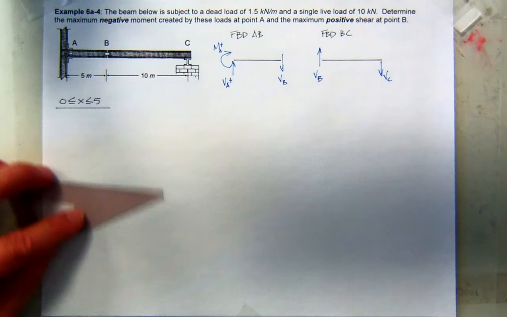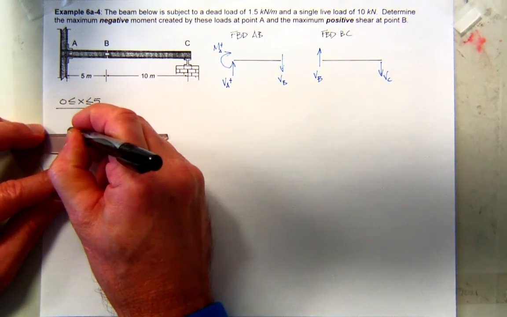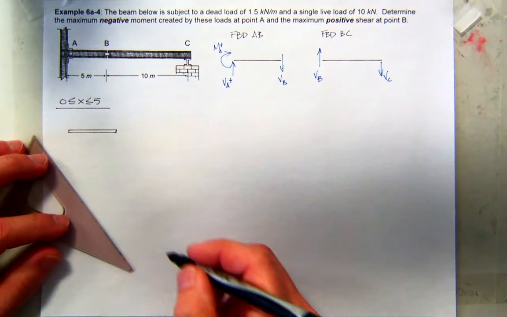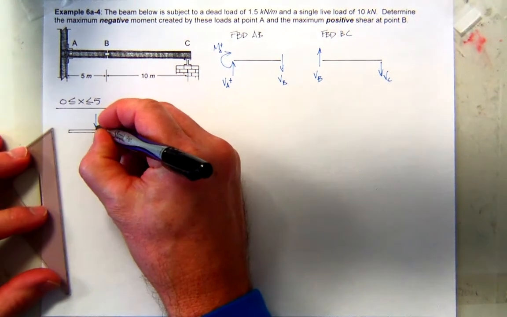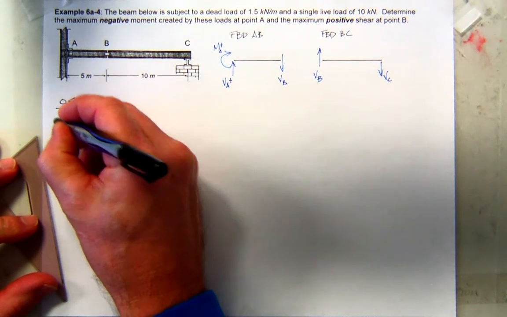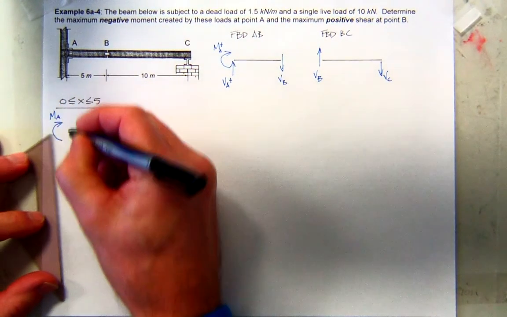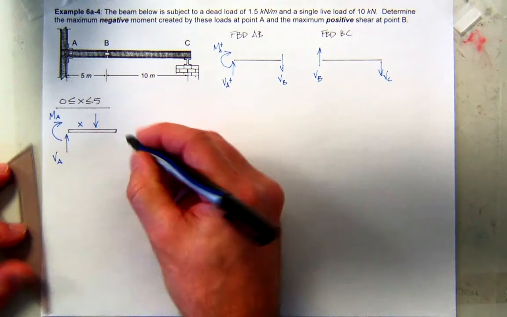So if I redraw my free body diagram at A, what I have is my unit load operating somewhere between 0 and 5. I've got my moment that I'm interested in, the moment at A. I've got my shear, possibly. But what's the shear at B?